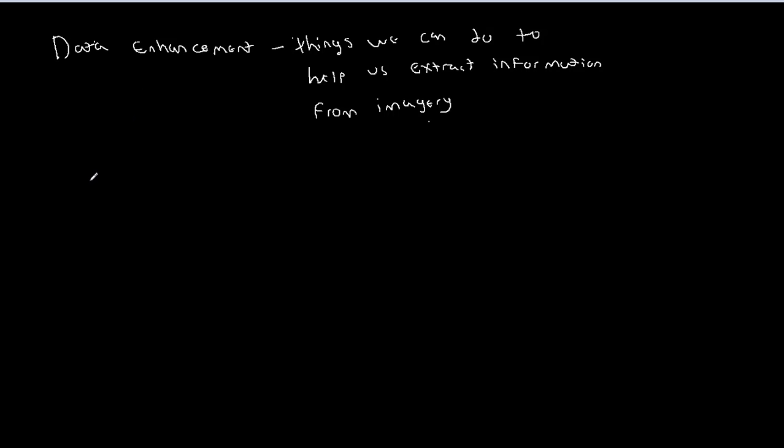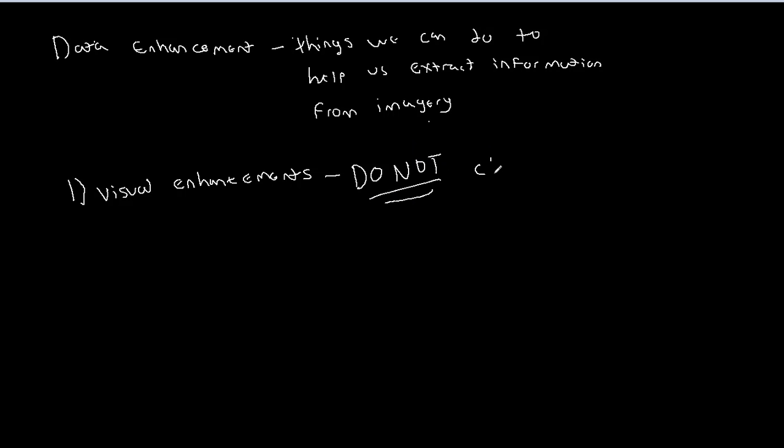And so we're going to break data enhancements up into two categories. The first category are what are called visual enhancements. Right, visual enhancements, I'm going to put this in all caps and underline here, do not change the underlying data.